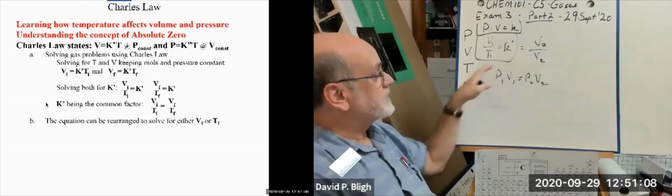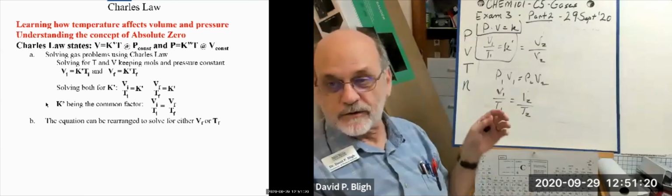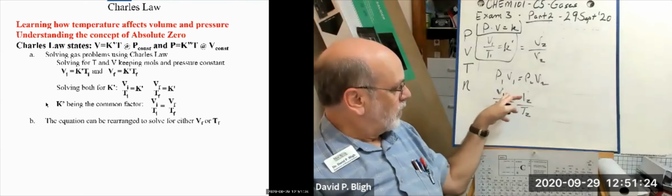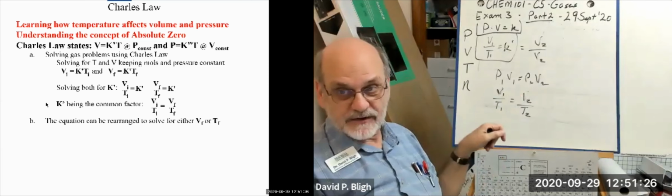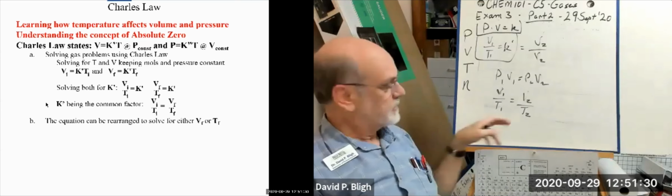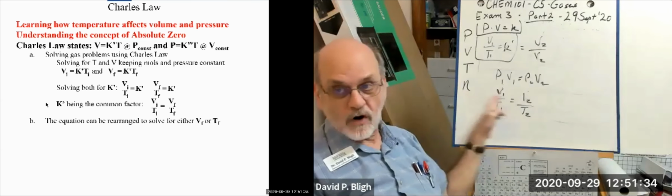Which means that before and after is V1 over T1 equals V2 over T2. So this is one set of conditions, the same gas at the same pressure and moles, measured at two different conditions. These quotients are equal to one another.